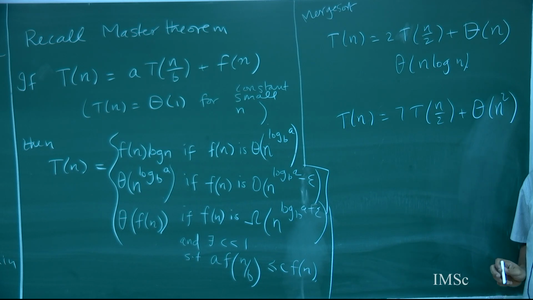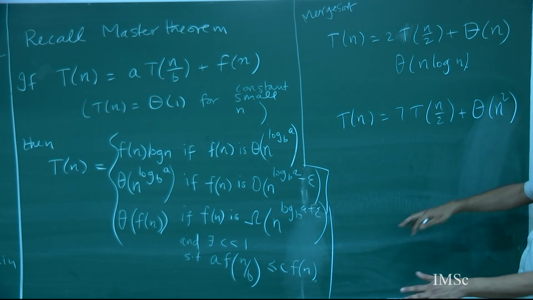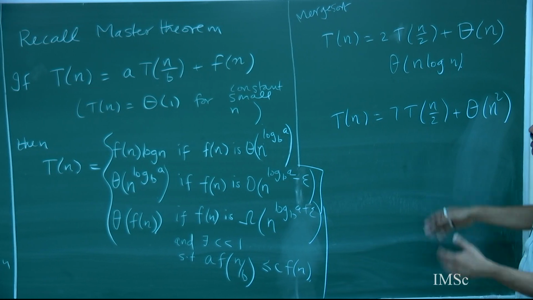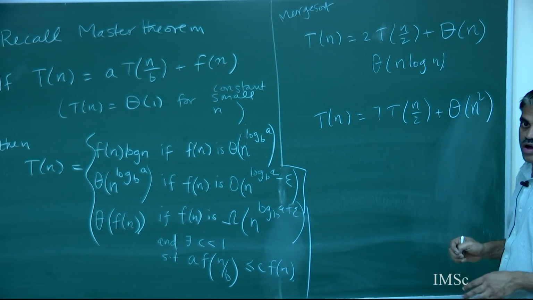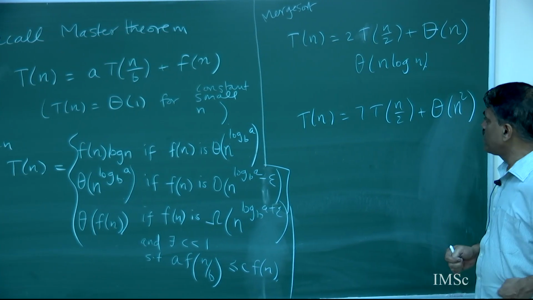Suppose I have a recurrence of this form, and I'm not necessarily mentioning the boundary condition, but assume that it is some constant for small values of n.